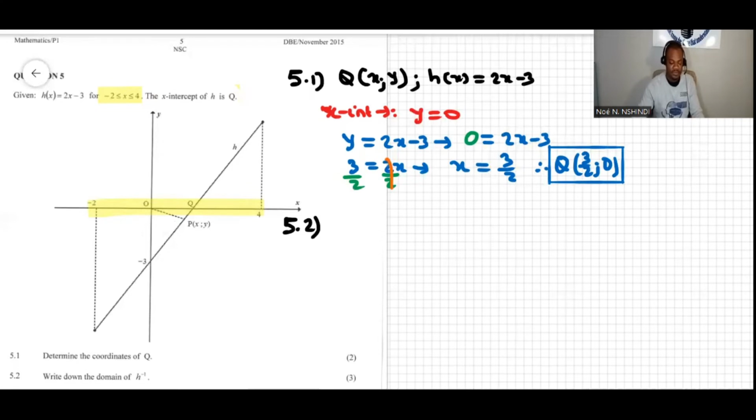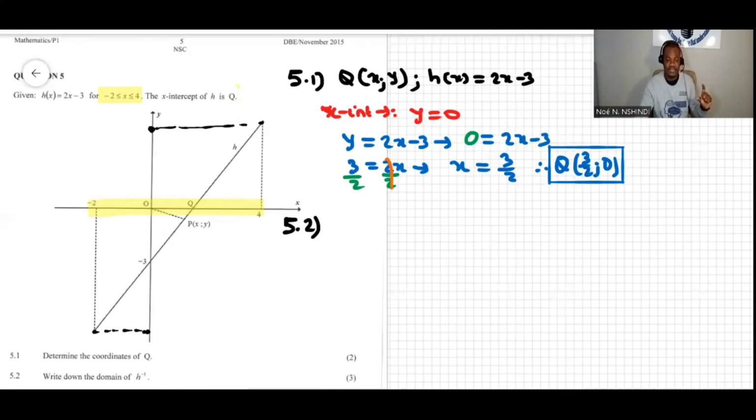So to find the domain of h minus 1, I'm going to work out the range of h of x.